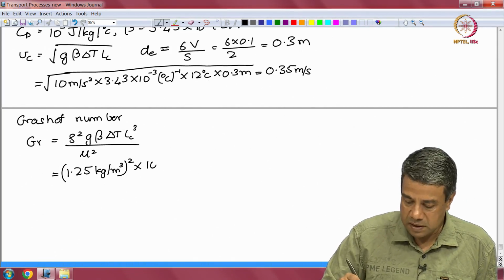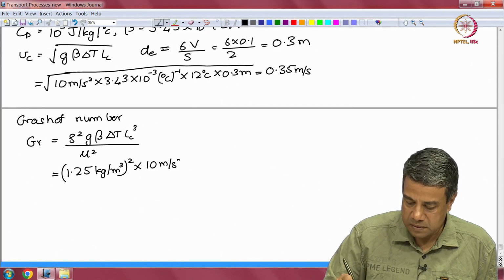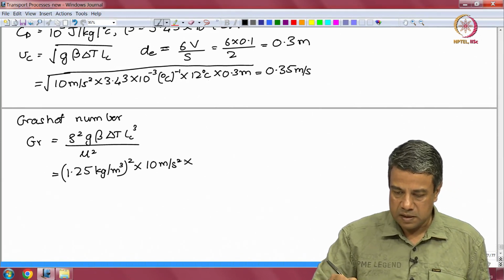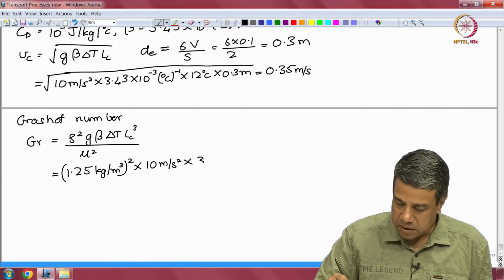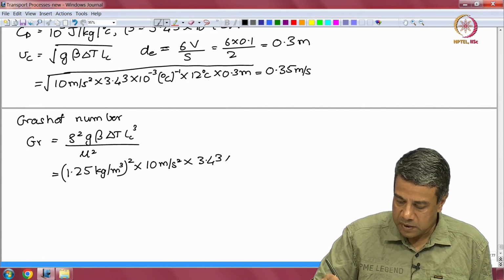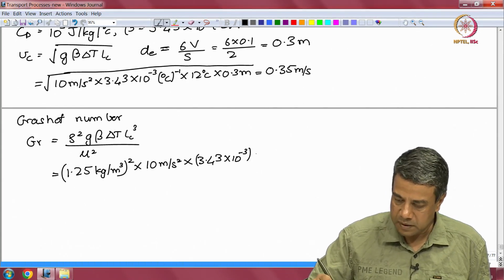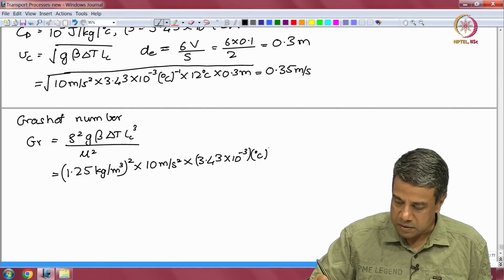Gravitational acceleration is 10 meters per second squared. Beta is equal to 3.43 into 10 power minus 3 per degree centigrade, the whole squared.